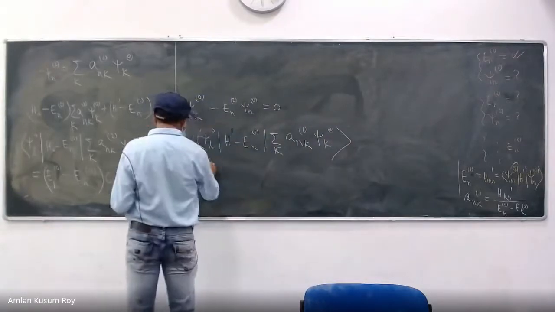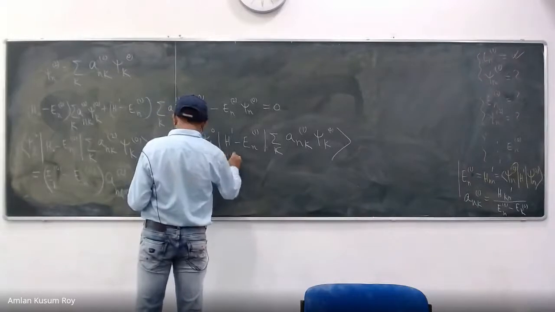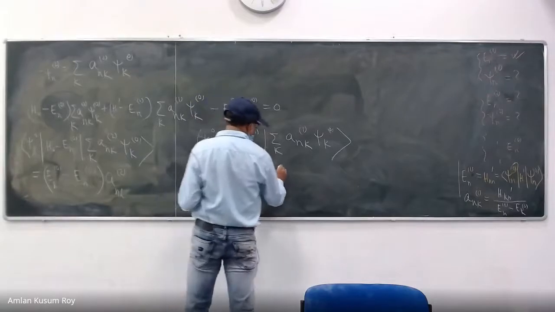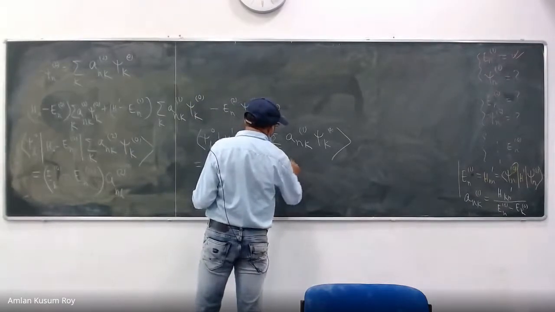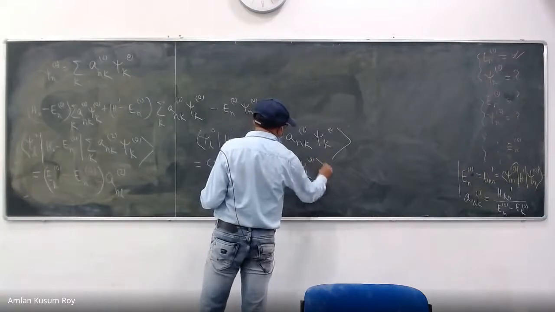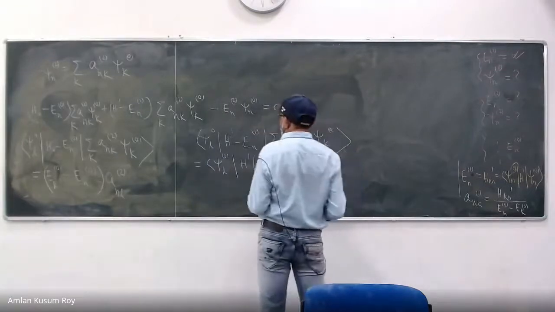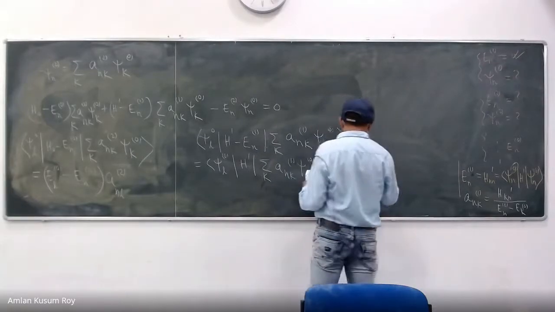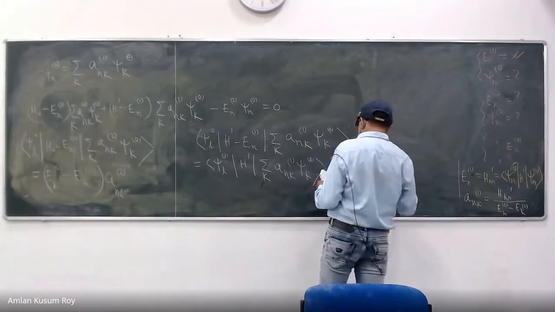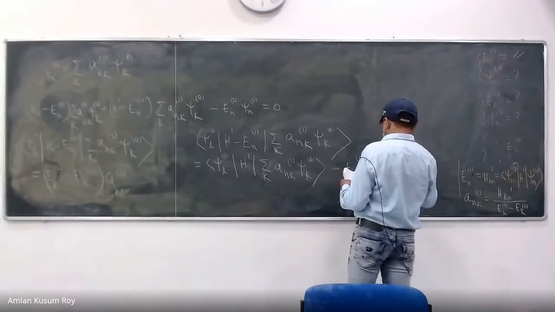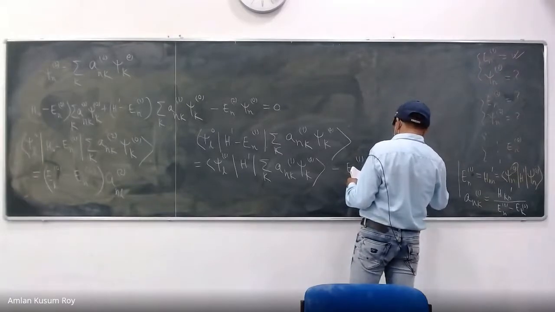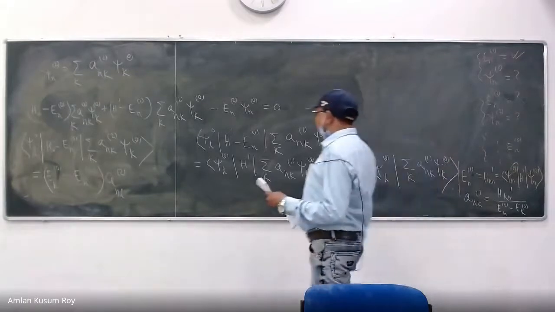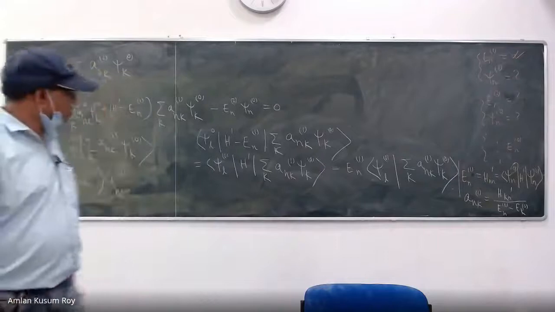So that means ψ_L^0 H' summation K A_NK^1 ψ_K^0, minus, I can bring E_N^1 ψ_L^0 summation K A_NK^1 ψ_K^0. Just try to simplify: what happens if you simplify?